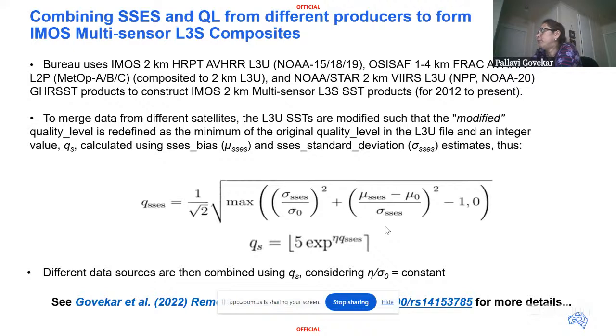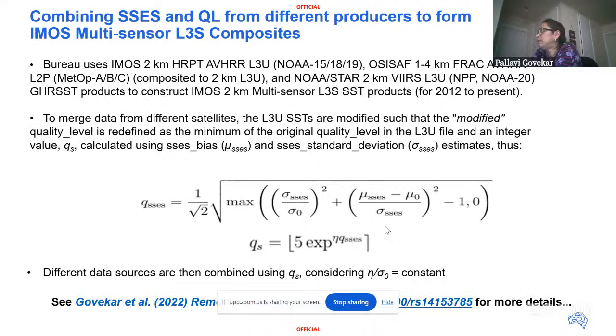So the way around is we use other institutes' level 2 or level 3 products and composite them together. We use IMOS AVHRR L3U, OSI SAF AVHRR L2P and NOAA STAR ACSPO VIIRS L3U GDS products to construct our multi-sensor L3S products.